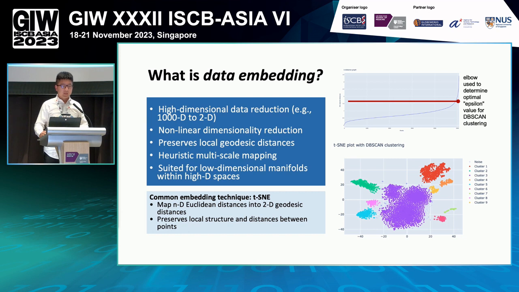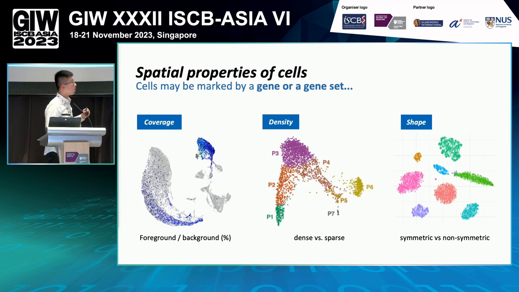Basic techniques involve preserving distances, such as t-SNE, mapping these distances into a more understandable 2D version of the whole data. However, there are a few additional properties we need to consider other than the position of cells inside a particular cluster.